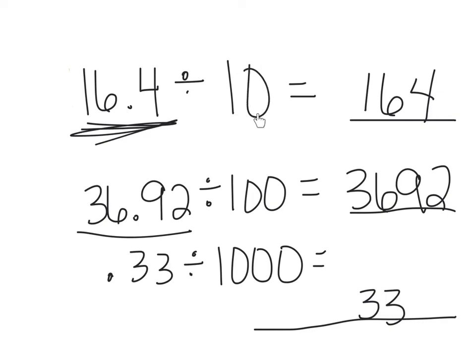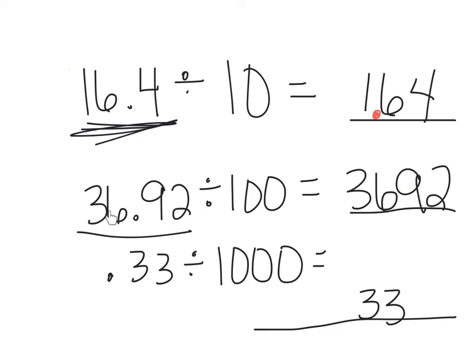We have 1 zero here. That means this decimal is going to move 1 time. But we have to make sure that we're making it smaller because we're dividing. So if it started here and I need to move it once to get smaller, I moved it to the left. And I should have a decimal right here. Check your answer.